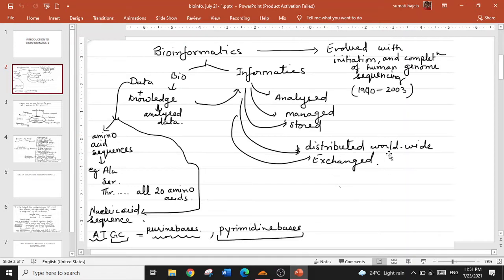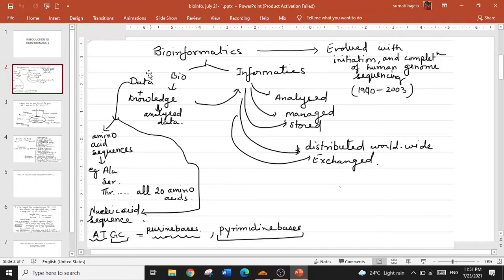If one scientist is working on thing A and another is working on thing B, it is also necessary to exchange their results and know what they have analyzed. So, data is exchanged also.